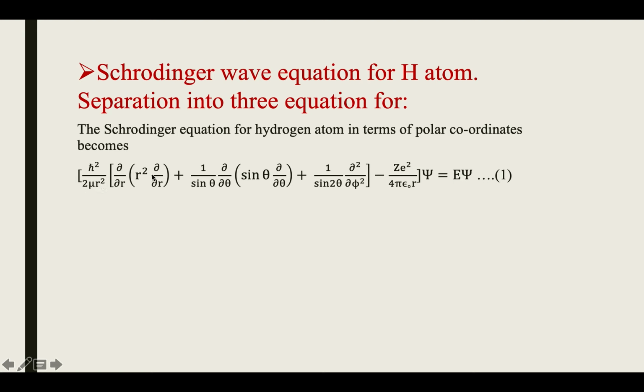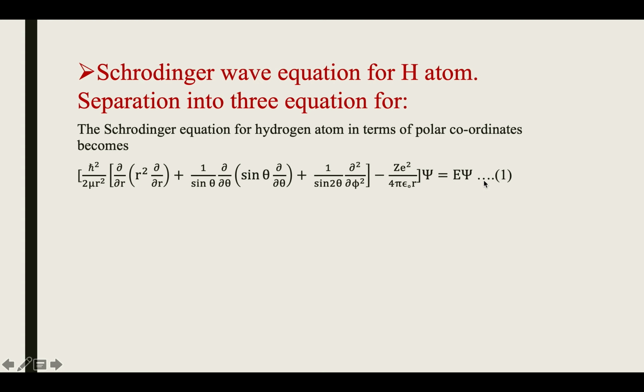The first derivative is related to the radial vector r, the second derivative is related to sine theta, that is d by d theta, and the third differential is related to del square by del phi square. The remaining term is the potential energy times psi, and this equals E psi.